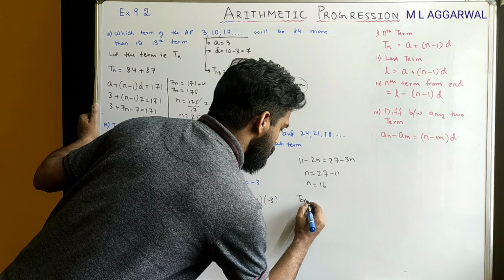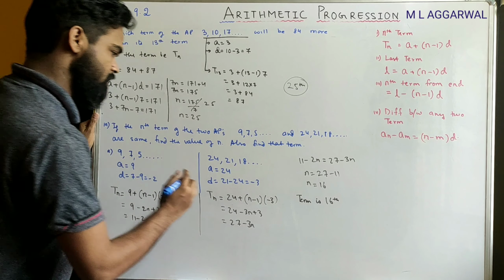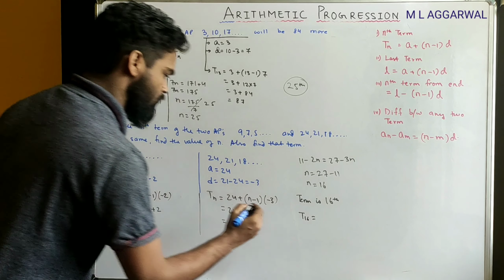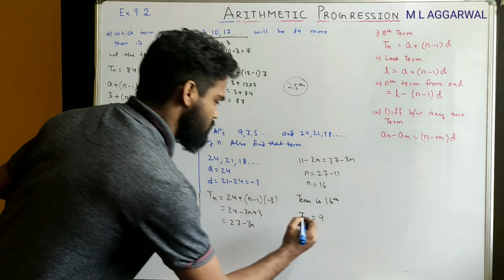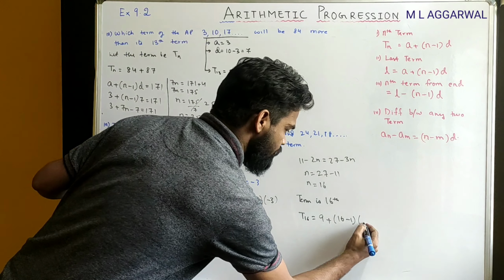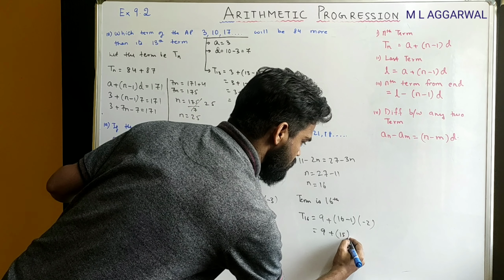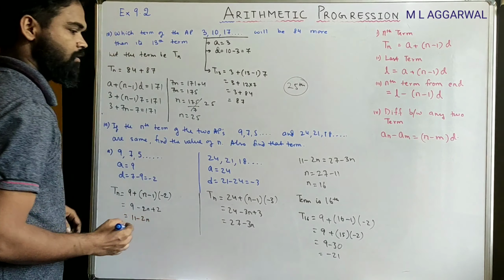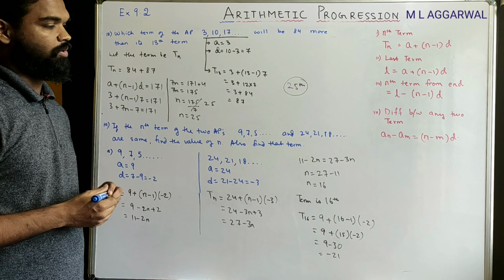So your term is 16th term. And just find T16 in any of the APs. Suppose I am finding for this AP, a plus n minus 1 into d. d is what? Minus 2. So this is 9 plus 15 into minus 2. That's 9 minus 30. That's minus 21. So in both the cases, the 16th term will be minus 21.